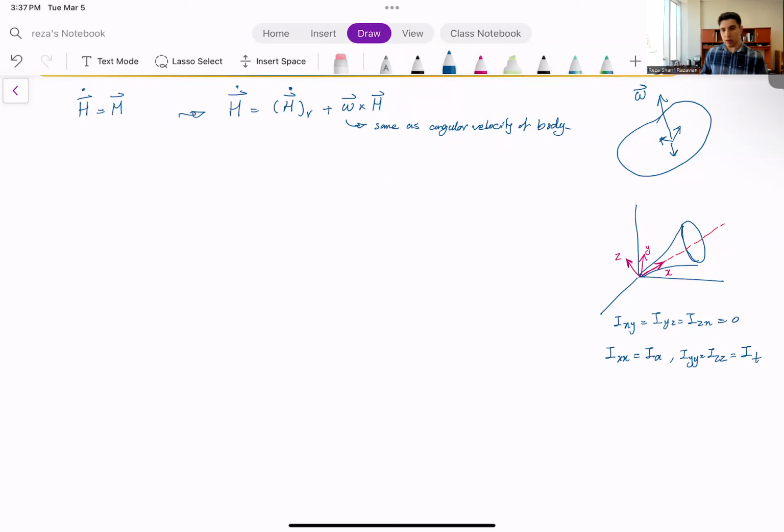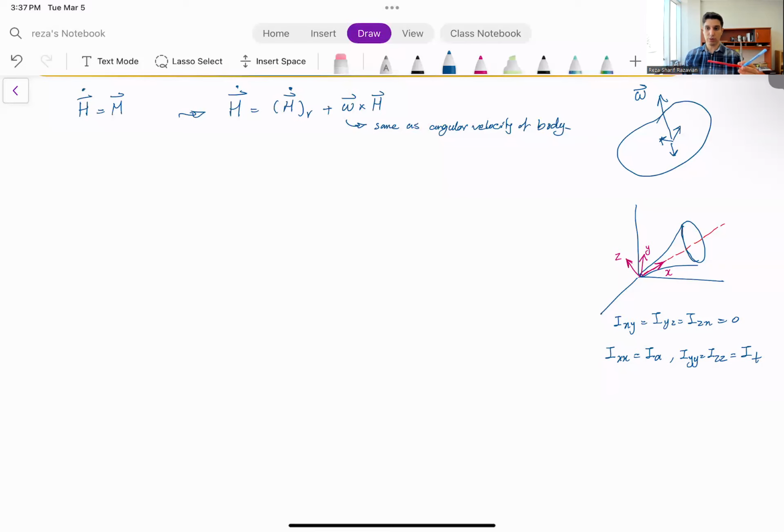Now, instead of fixing, so this is again my body, this is my frame, and my body is rotating about maybe this axis, axis X. So before, what I was doing, I was fixing the frame to the body, so everything was rotating together. In any direction it was going, the frame and the body would be fixed and rotate together.